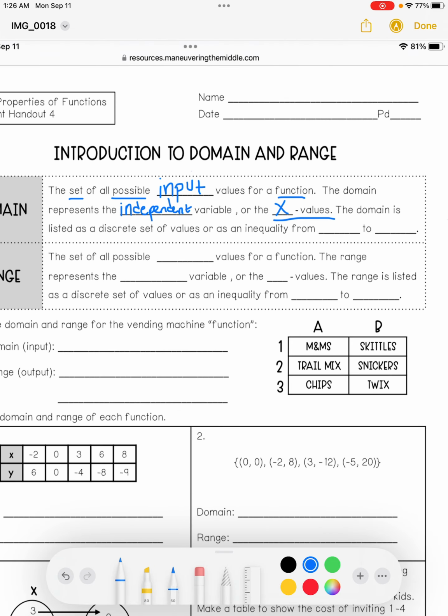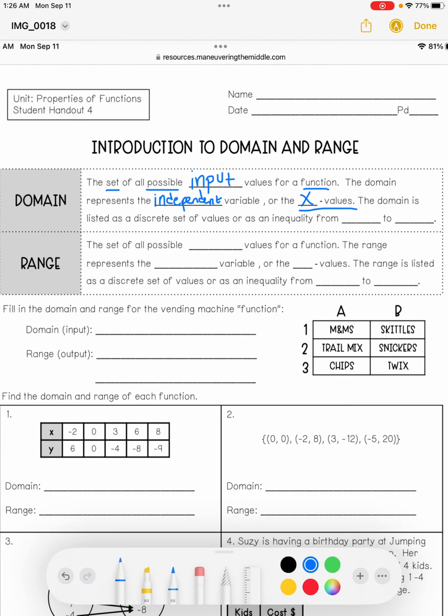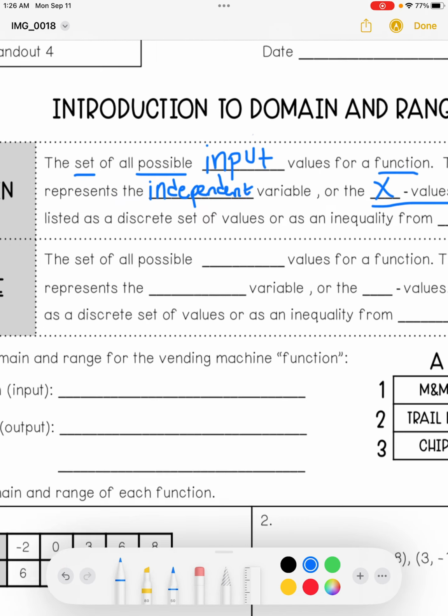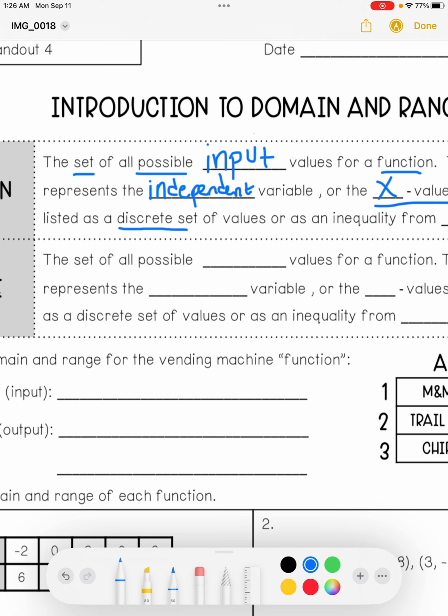Today, we're going to focus more on a discrete set. I can list a domain as a discrete set, which is basically just a few numbers in a group.